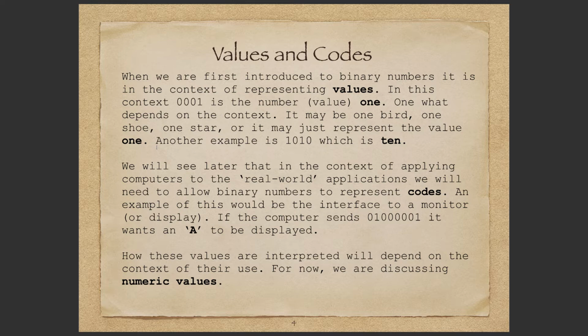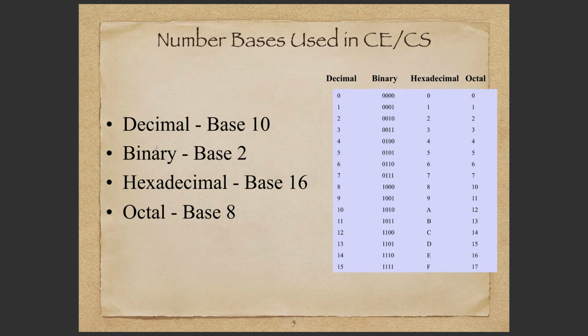On the other hand, the numbers inside the computer sometimes represent codes. Sometimes it's the opcode if you have the executable code running in your machine. More commonly, it may be a code to display the characters on a screen. And we'll see, we call that an ASCII code. We'll see that in a moment. We're going to primarily focus on the numeric values.